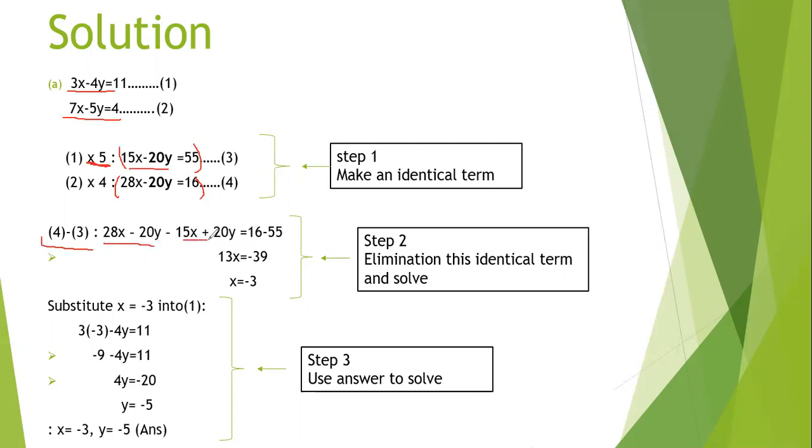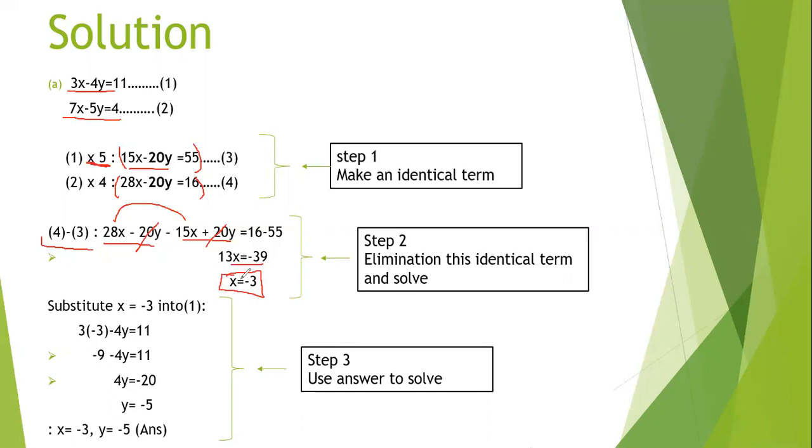When we put a minus sign here, it will become minus and plus. Look, -20y plus 20y will cancel each other. Now we have 28 minus 15, which is 13x, and 56 minus 55. So 13x is equal to -39, and x is equal to -3.